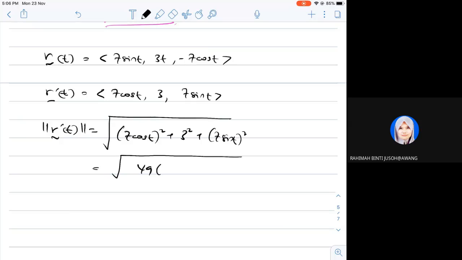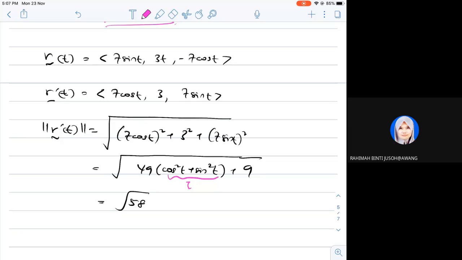Yes, trigonometry identity: cos squared t plus sin squared t, so plus 9. 3 squared is 9, so 49 plus 9 is 58. So the square root of 58. This is trigonometry identity 1.